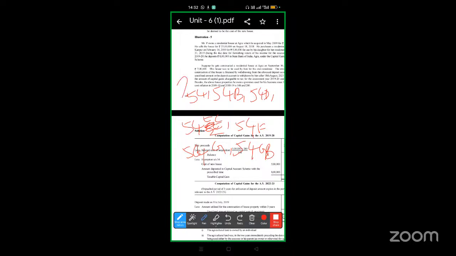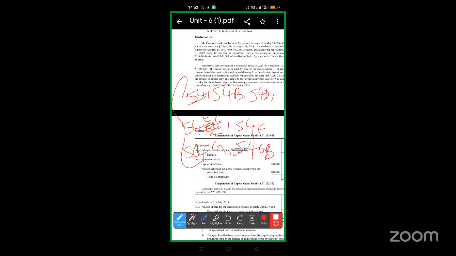So what are these exemptions? Whenever you receive any income, after calculating the income from capital gain, whatever income you are earning is not totally taxable. That income is exempted as per the sections.